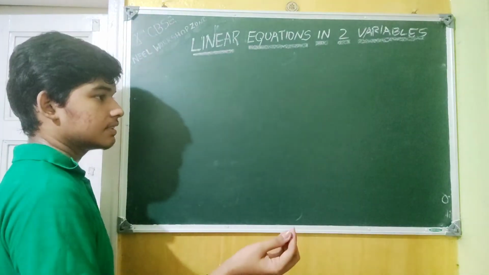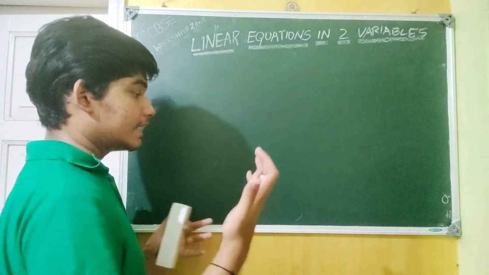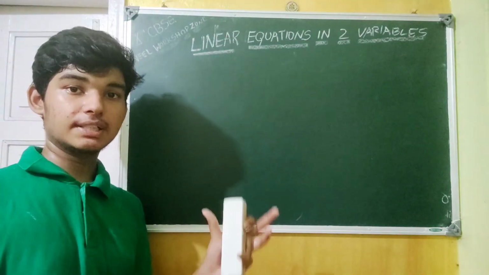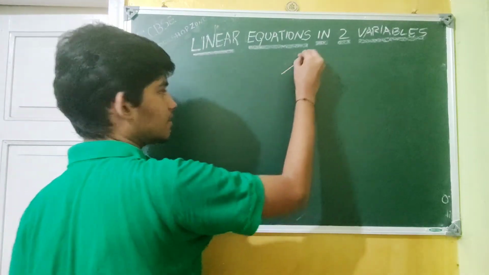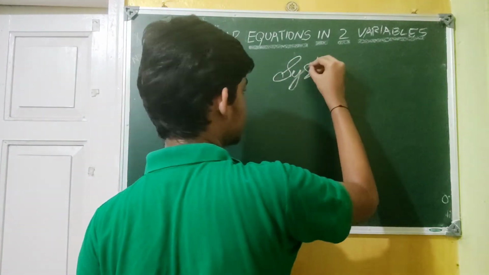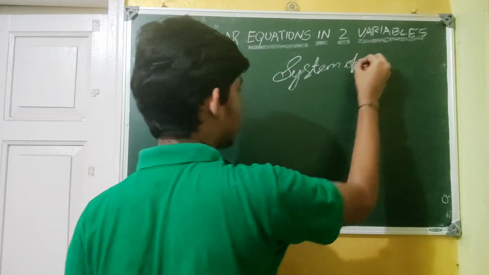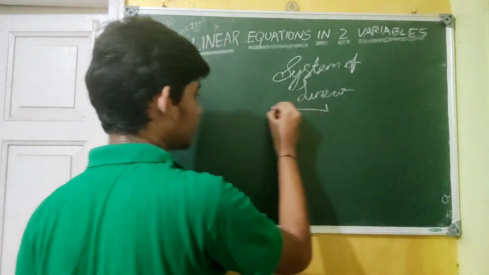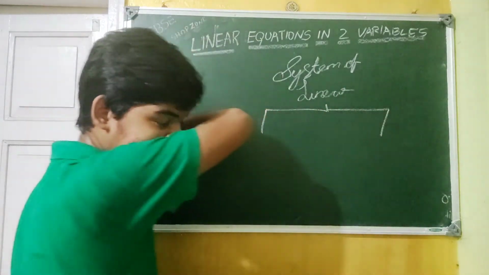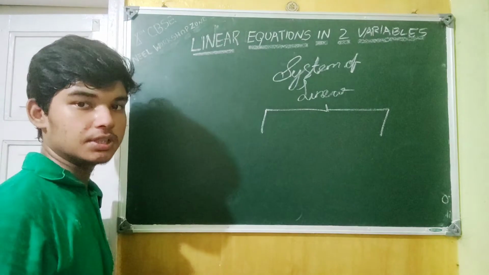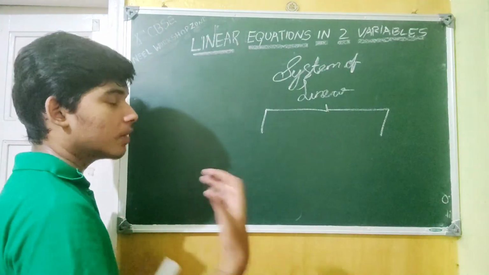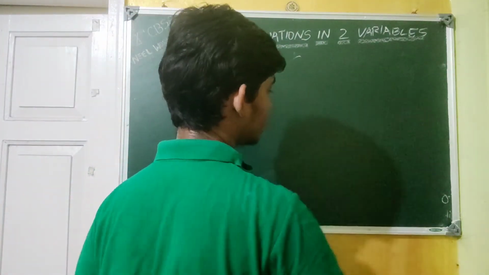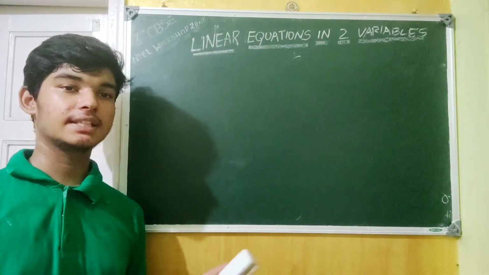The system of linear equations is divided into two parts. The first one is one which has no solutions at all, and the other one which has one or more than one solutions. We'll talk about it in the next episode because it includes stuff like parallel and coincidental lines, etc.